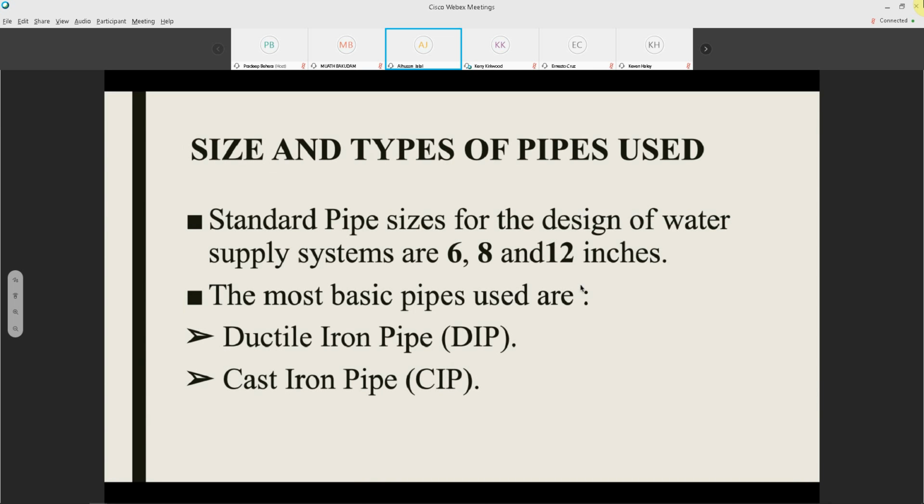For the size and types of pipes used, standard pipes for our water supply design are 6, 8, and 12 inches. 6 and 8 for the residential area, and 12 we believe is for commercial. And the pipes used in our design are ductile iron pipe and cast iron pipe.